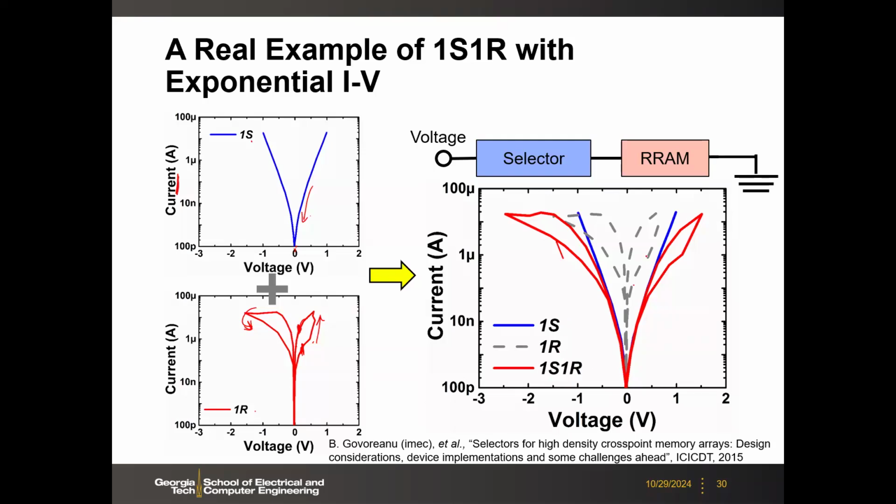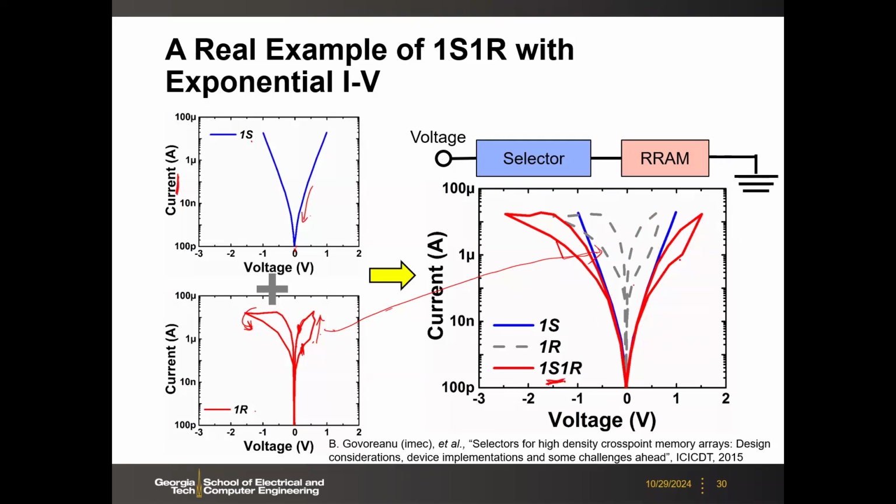So anyway, if you combine the one selector with one R1, you have this one S1R. Here you see the selector and one R only is the dashed line, which is this one. Then if you combine those two together in series and measure the current versus voltage, you get this red curve for this one S1R.